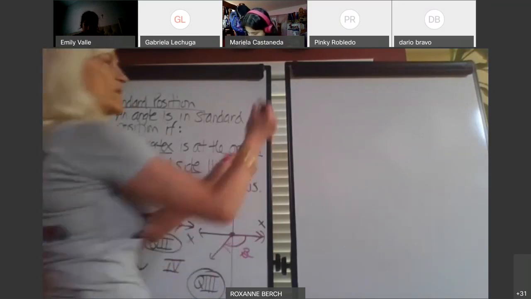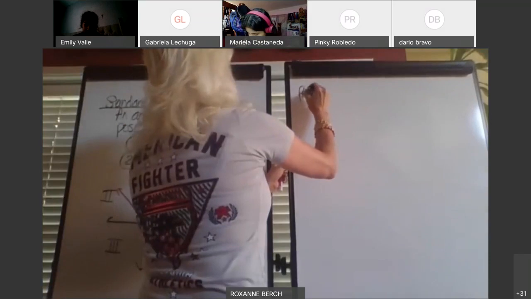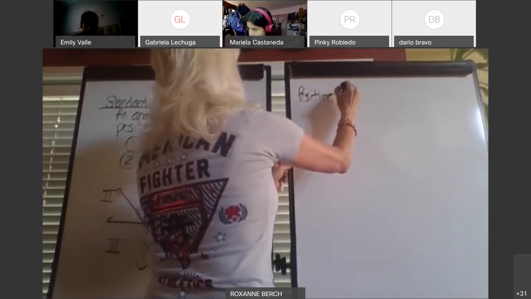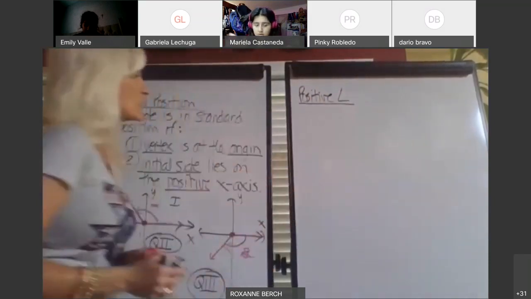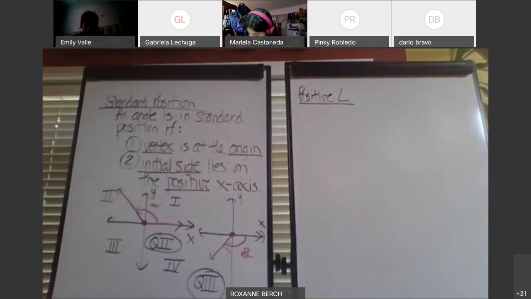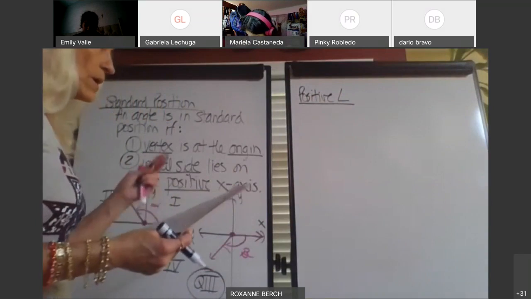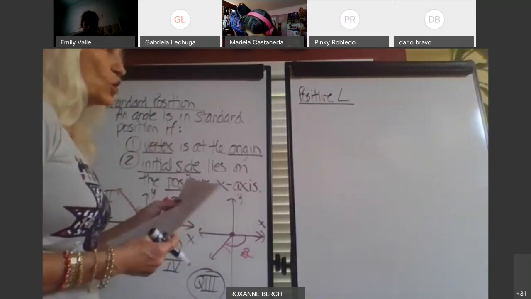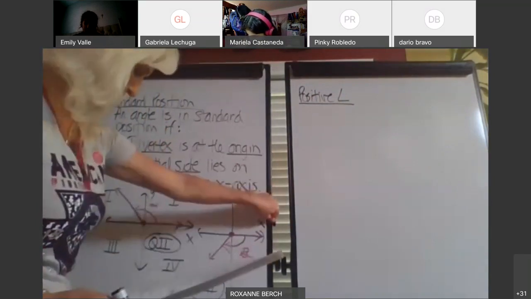Let's talk about a positive angle. Another vocabulary word. A positive angle is a ray that is rotated counterclockwise.